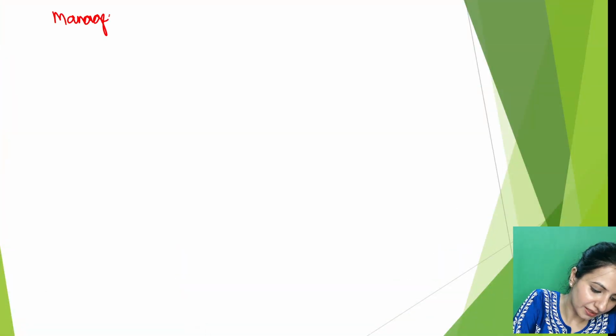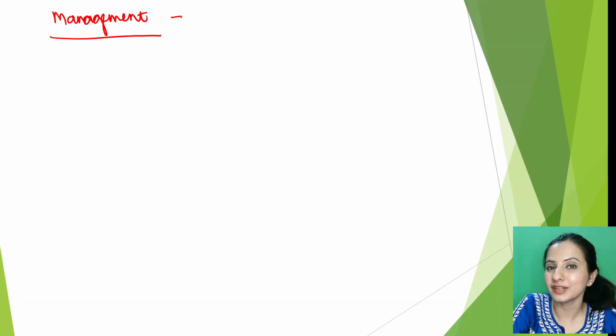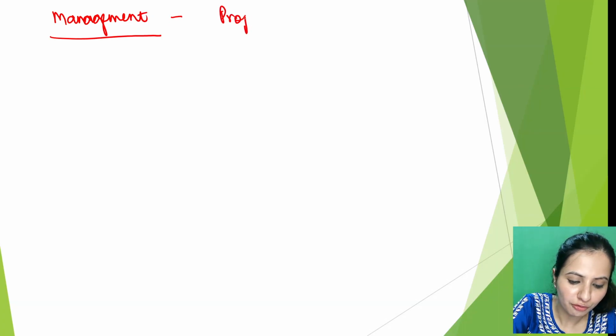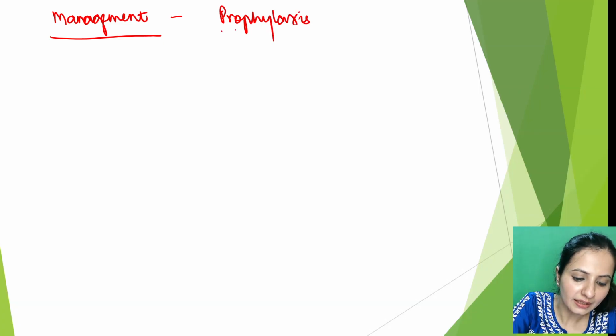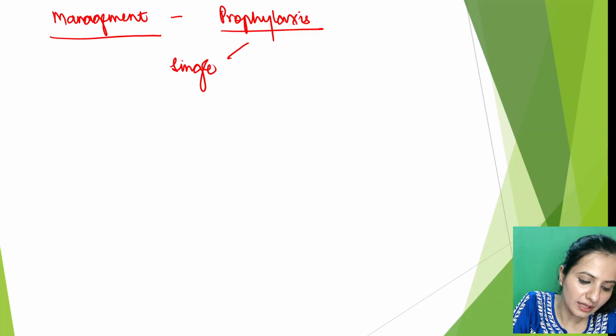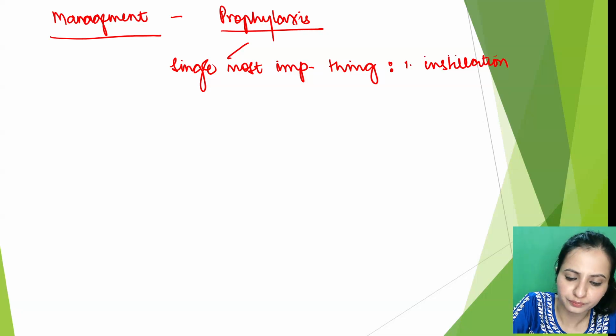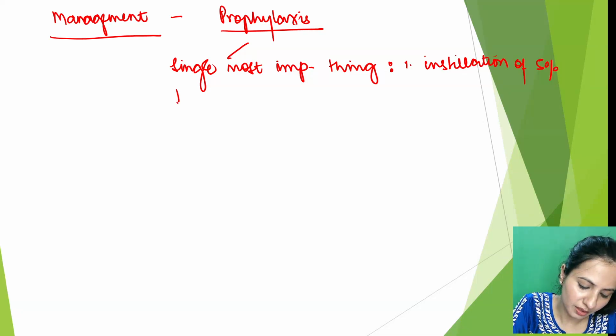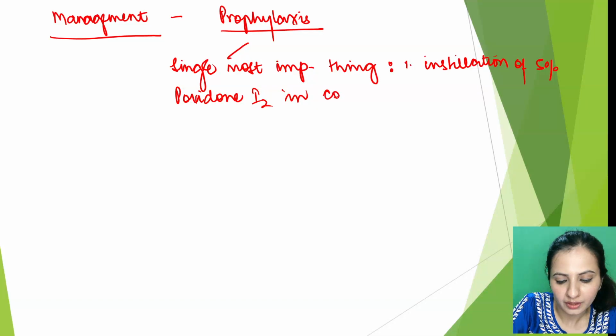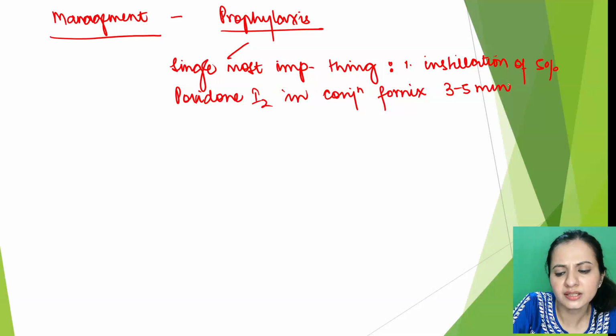Now, if you ask me what is the management of endophthalmitis, if we talk about the prophylaxis, then they say that the single most important thing you can do to prevent endophthalmitis is instillation of 5% povidone iodine in the conjunctival fornix 3 to 5 minutes prior to surgery.